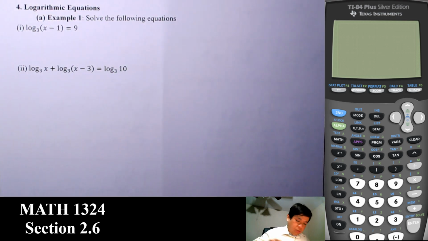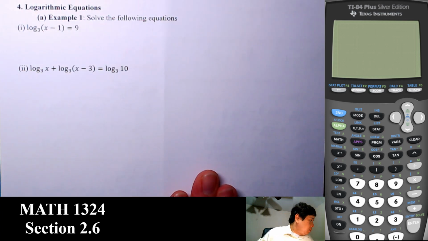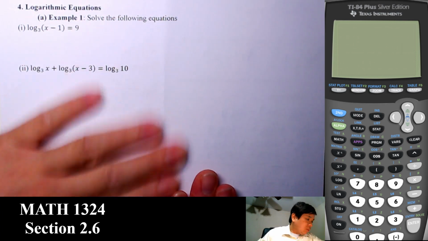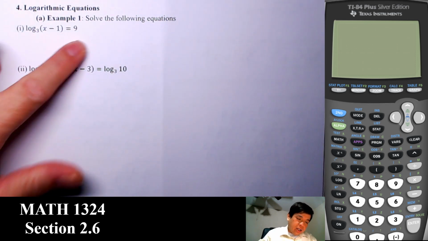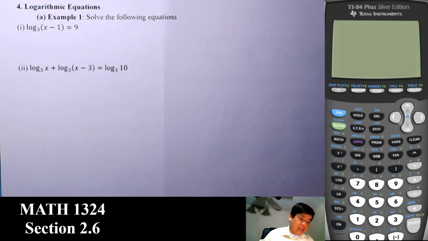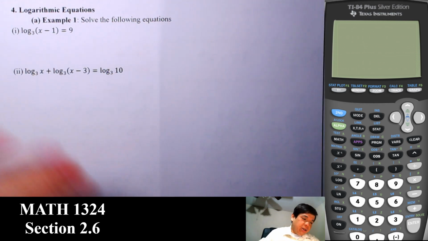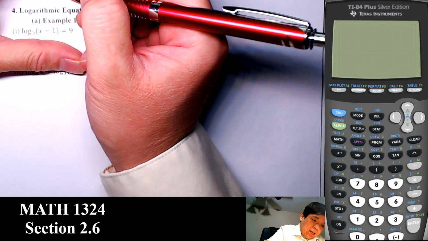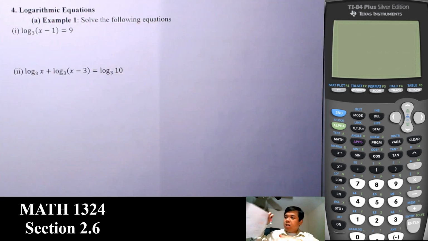Now we go to logarithmic equation. So now we will solve for logarithmic. So let's say we have the log equal to number. Well, that's easy. Now, one thing we should focus on in every logarithmic equation is that, remember, we have the properties of the log.